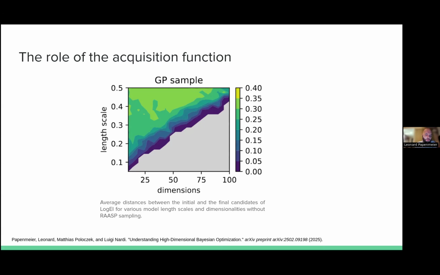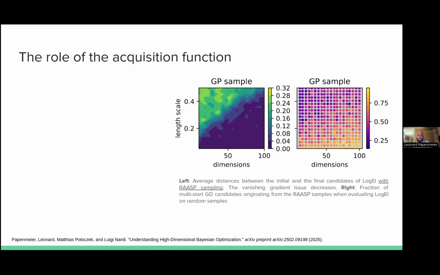So if you have a problem that has a length scale of 0.1 in 50 dimensions, and you manage to correctly fit the model to the correct hyperparameter configuration, then your acquisition function will exhibit vanishing gradients. So a lot of methods will suffer from this. So let's see how we can fix this.